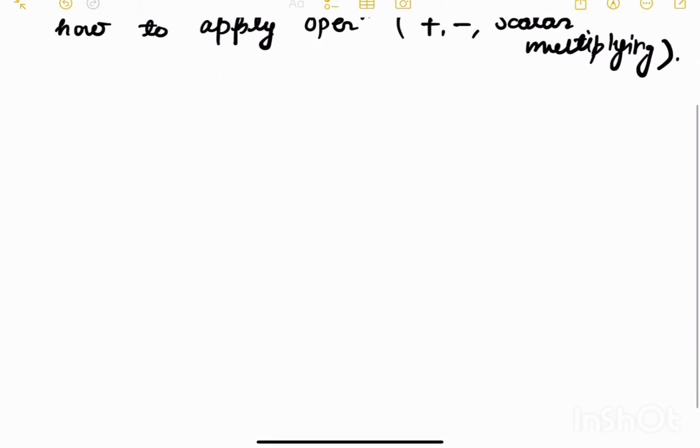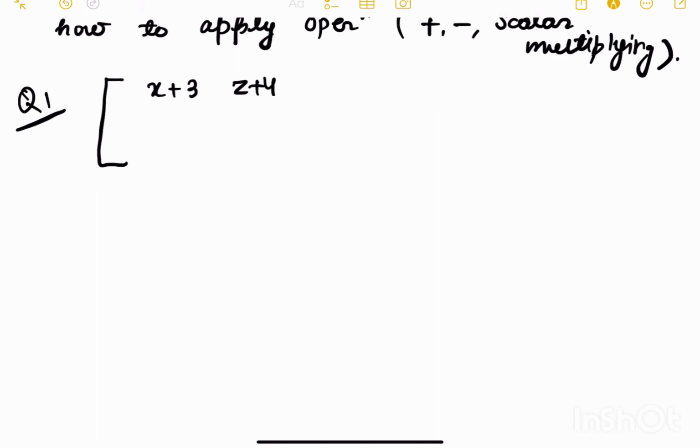So for the first question, we are given a matrix: x plus 3, z plus 4, 2y minus 7, minus 6, a minus 1, 0, b minus 3, minus 21, 0.